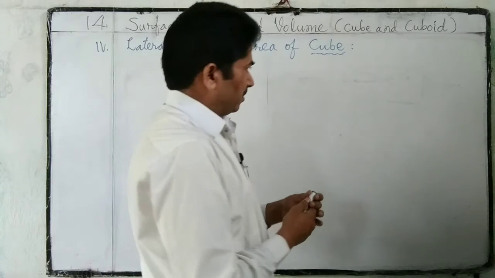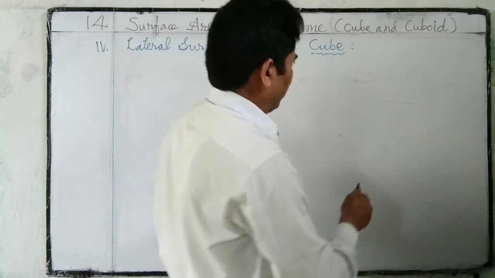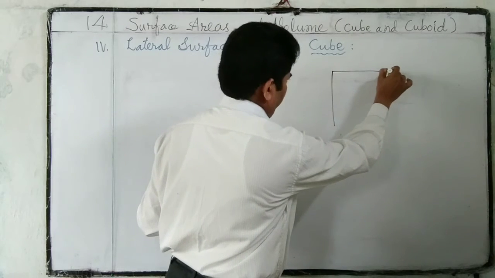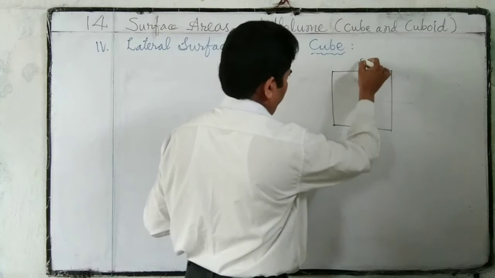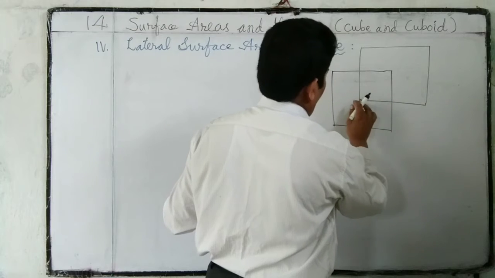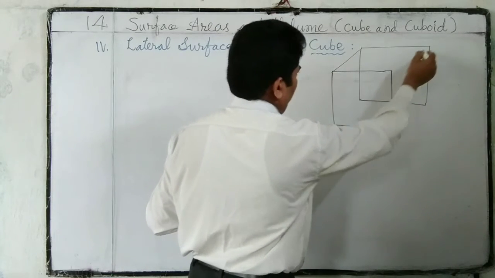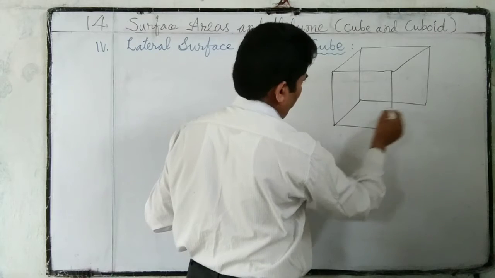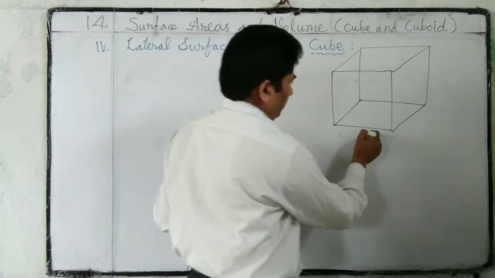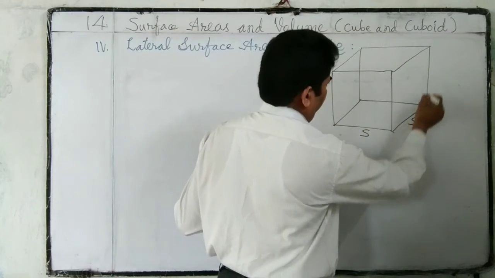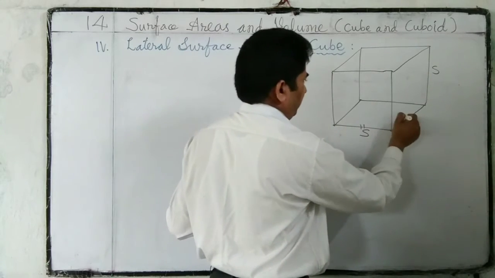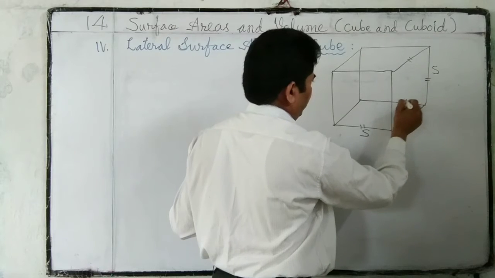Let us draw a cube on board. This is a cube, side, side, side, length, breadth, height, all are equal. All sides are equal.